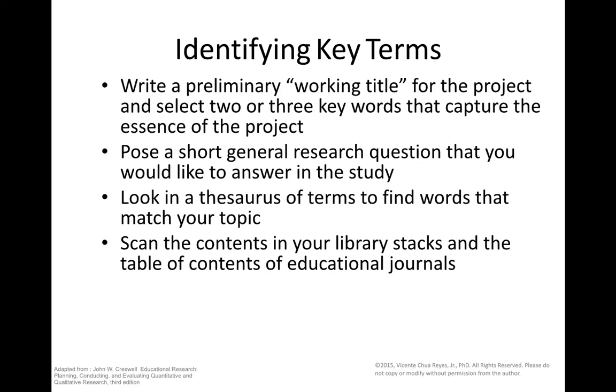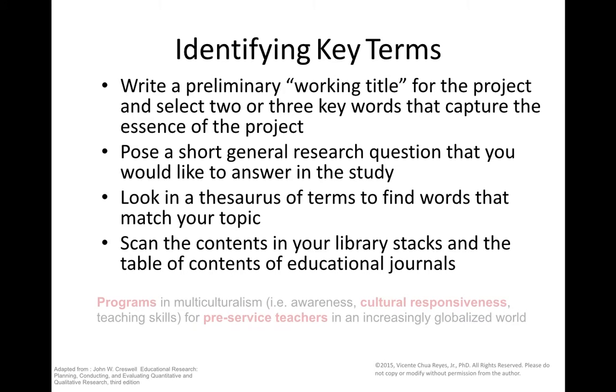First step is identifying key terms. We write a preliminary working title for our project and select 2 or 3 keywords that capture the essence. We pose a short general research question that we would like to answer in the study, and then we look at a thesaurus of terms to find words that match our topic. You scan the contents in your library stacks and the table of contents of educational journals.